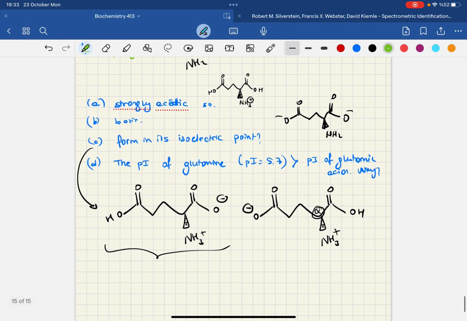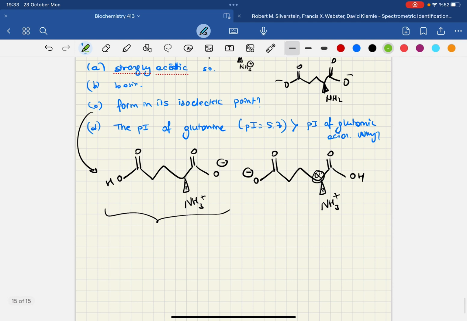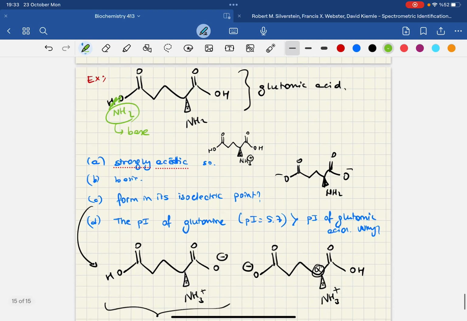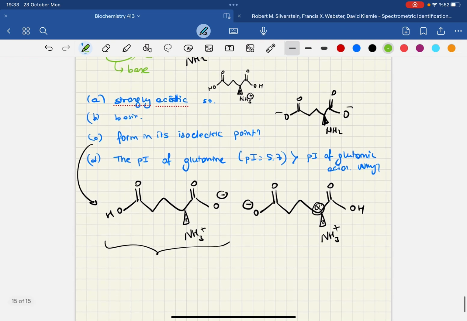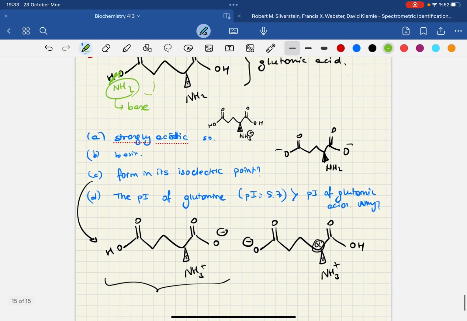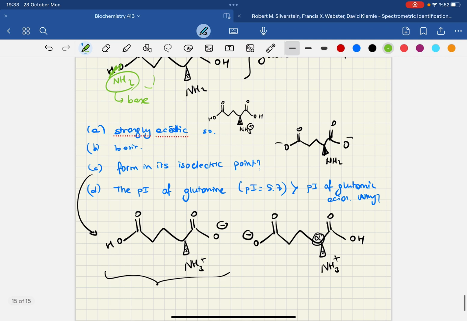And this has a greater pI because amine is eventually a base, and therefore its acidic and basic properties will neutralize. Therefore its pI will be greater, closer to neutral values.